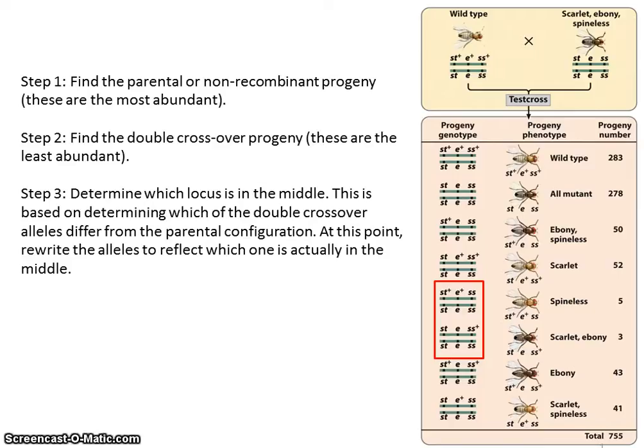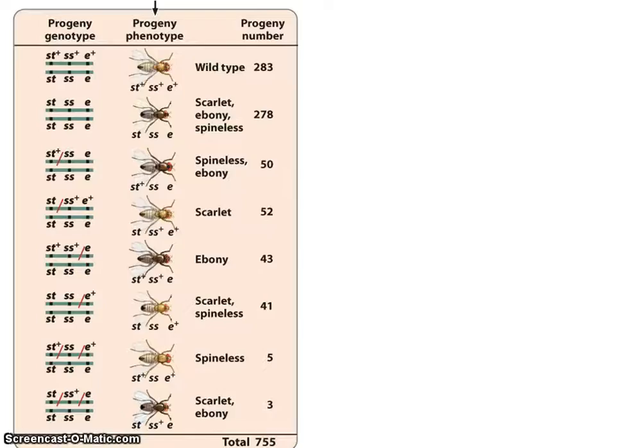Once we determine that, we're going to want to rewrite, on a test problem or on an exercise, the alleles to reflect which one is actually in the middle. And so here they've done that for you. Now SS is in the middle, same order that we had before.